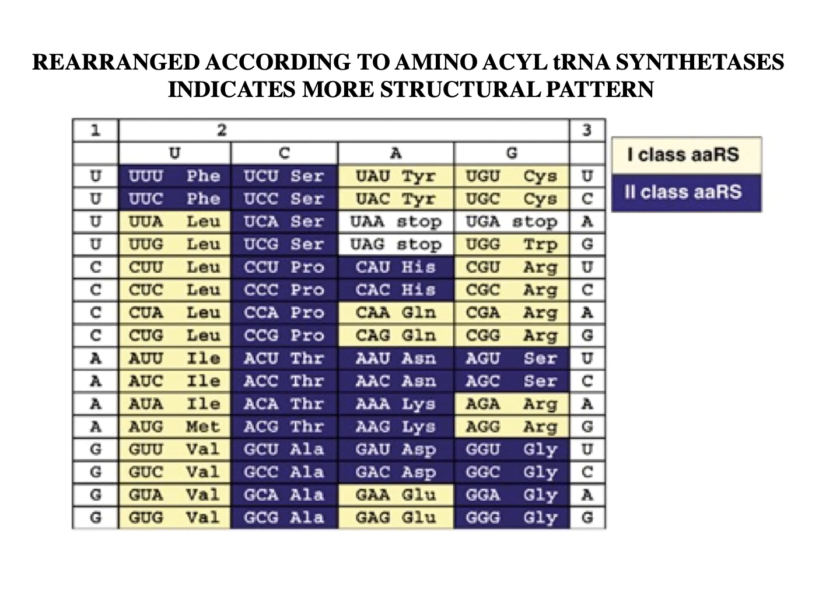Another set of evidence for the evolution of the genetic code comes from looking at these aminoacyl tRNA synthetases. These are the proteins that attach the amino acids to the specific tRNAs. So now you see a little more structure. Here's the class 1s in yellow and the class 2s in blue.